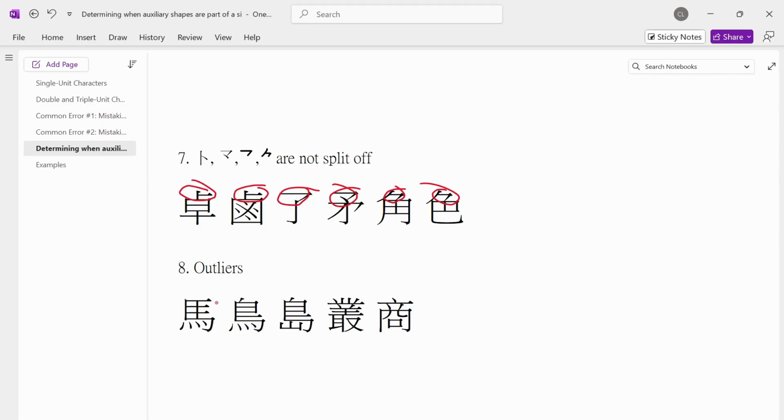Finally, there are a few outliers that don't necessarily fall into the above categories, but are also considered single unit characters. There isn't any particular rhyme or reason as to why these are considered single unit characters, but there aren't really a lot of characters that fall outside these categories, and these are the most common examples.